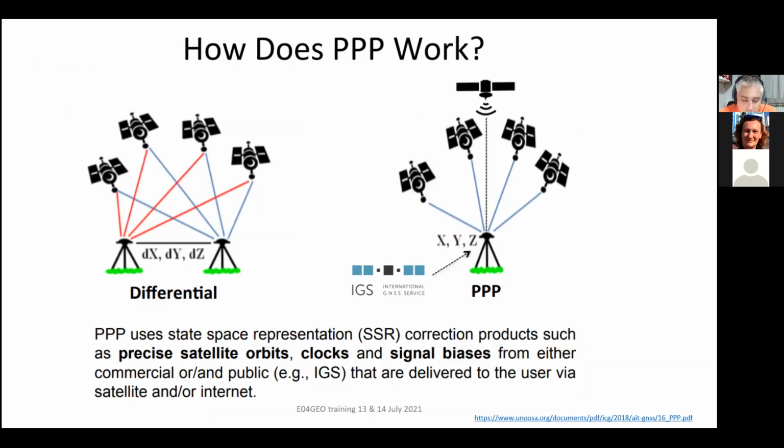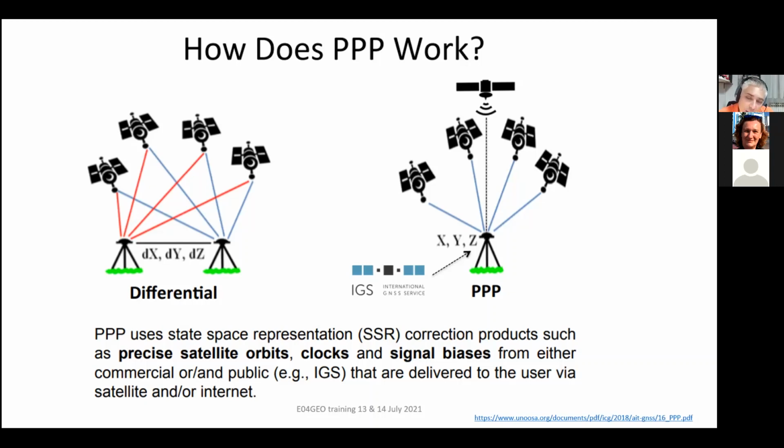So basically, how does the PPP work? As you can see in the figure, in relative or differential positioning methods, we have at least two receivers simultaneously observing the same satellites, of course with a minimum of 4 satellites observed by both receivers.